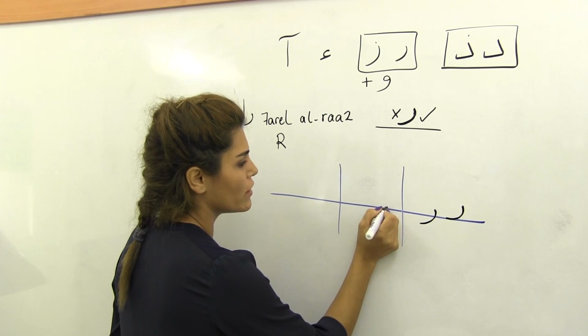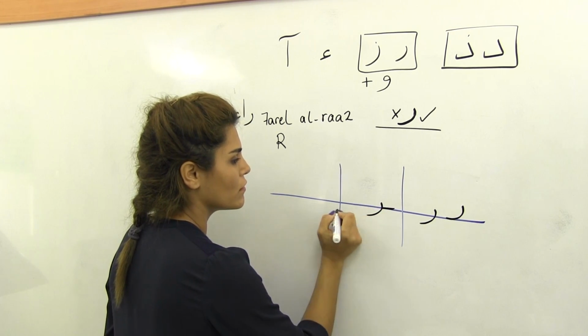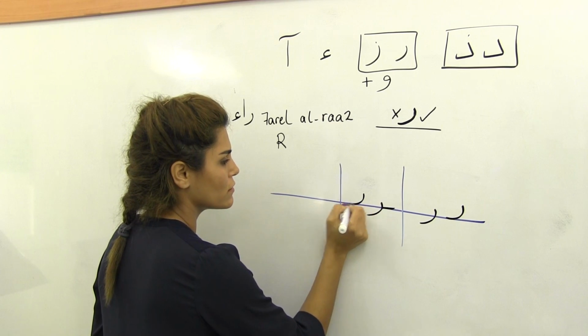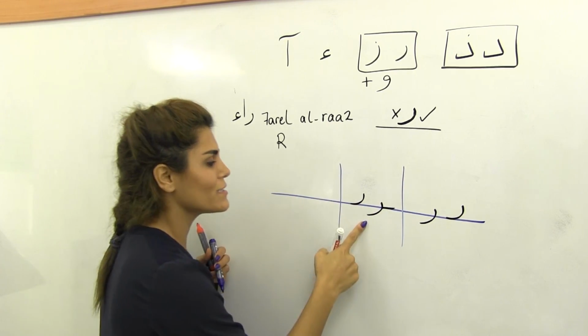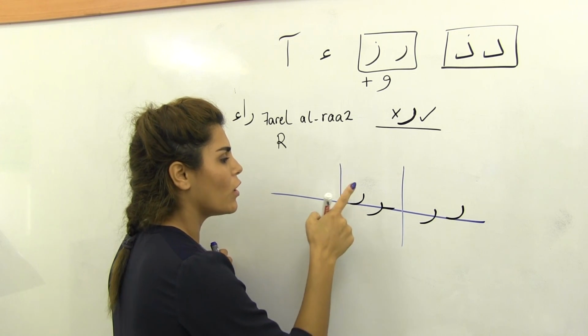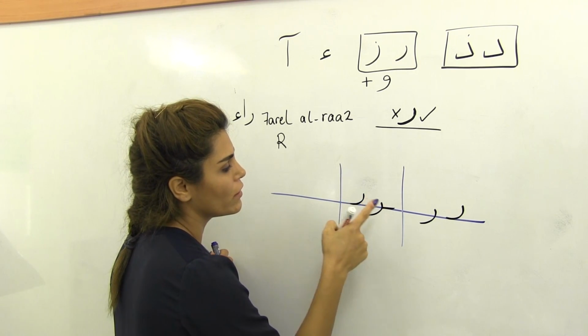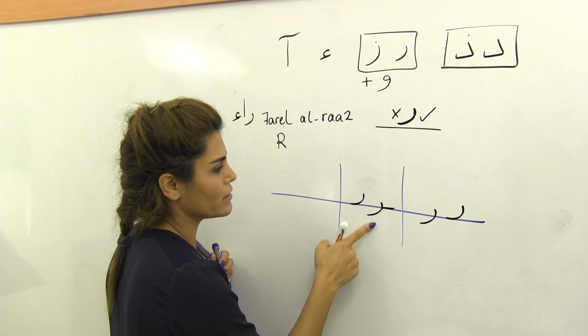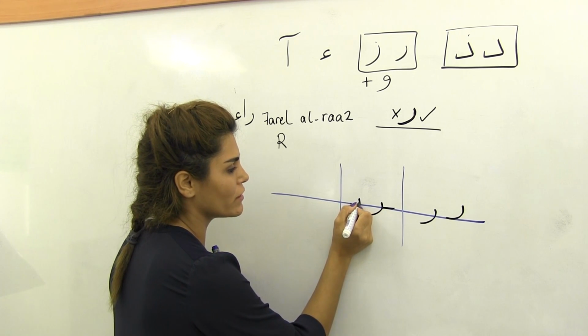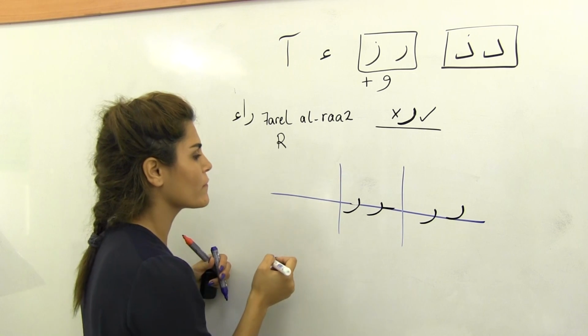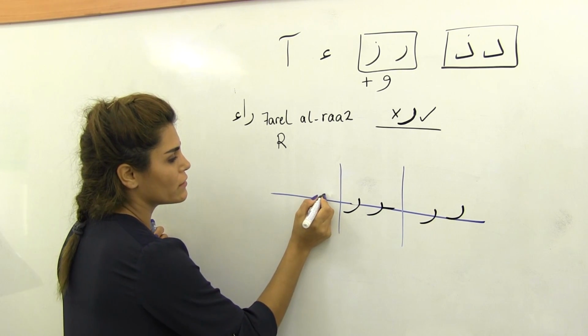Ra, same thing, if it connects or it doesn't. Okay, and it's up to you if you would like to write it all above the line or a little bit above the line and the rest is below the line. I prefer personally to write a little bit above the line and the rest below the line. Okay, and the same thing at the end.